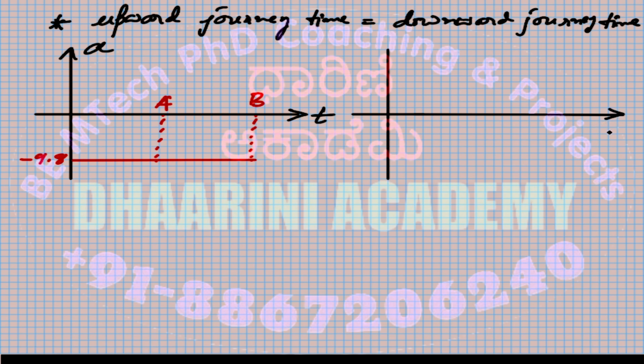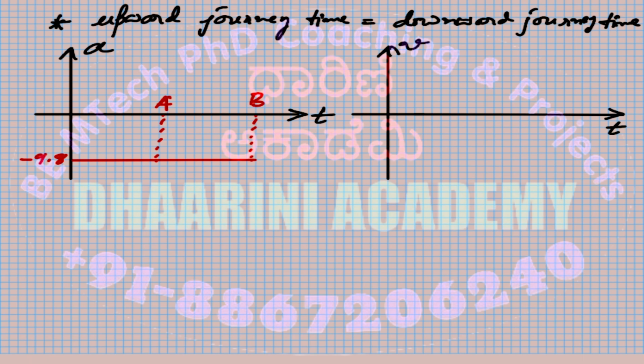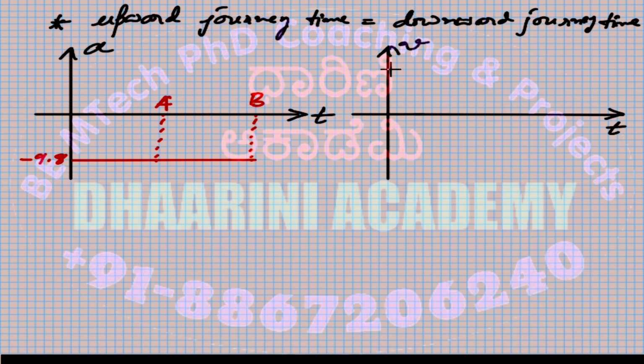So I'm going to plot time here, and this is the velocity v of that particle. Now I know that initially I throw with some velocity, it's going upward, so positive. But because of the negative acceleration, it keeps on reducing. It reaches zero.